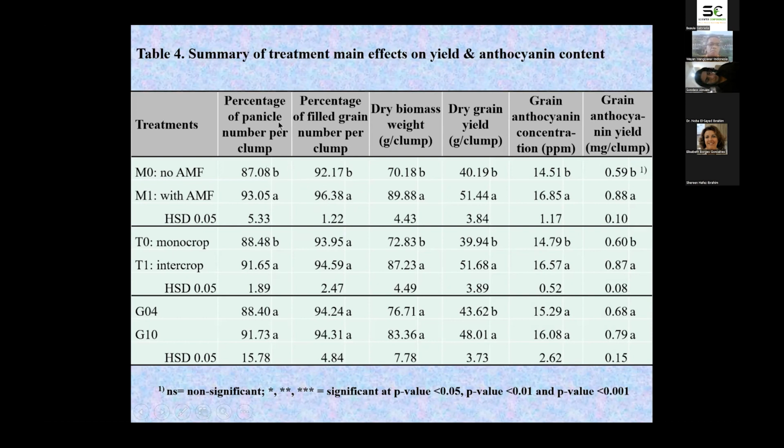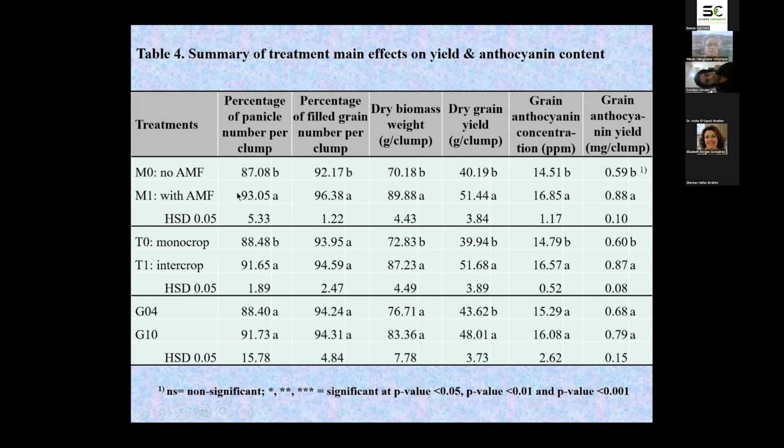Also increases percentage of panicle number. It means from 100 tillers, for example, without application of biofertilizer, only 87 panicles are produced, while with biofertilizer, it produces a higher number of panicles.